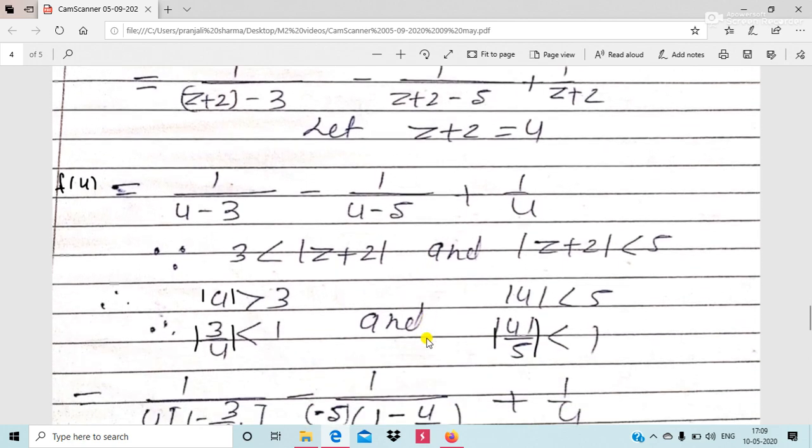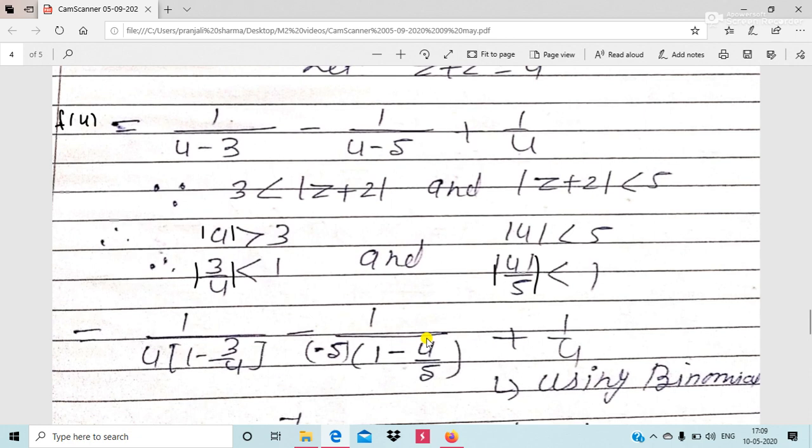Now we apply the given condition. Since mod of z plus 2 is greater than 3 and less than 5, we can write mod of u is greater than 3. Dividing both sides by mod u, mod of 3 by u is less than 1.